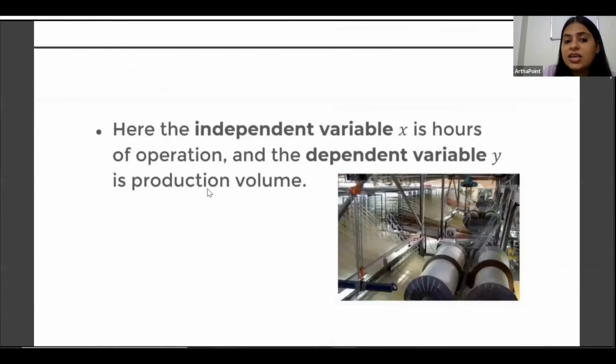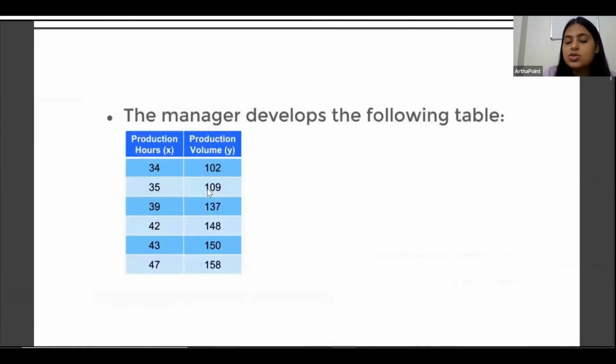Similarly, I know that the independent variable will be the number of hours that my machine works for, and the dependent variable will be my production volume.